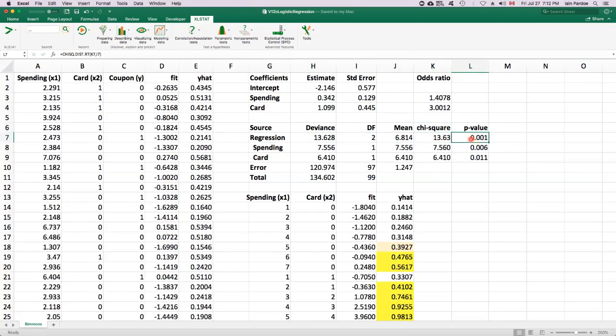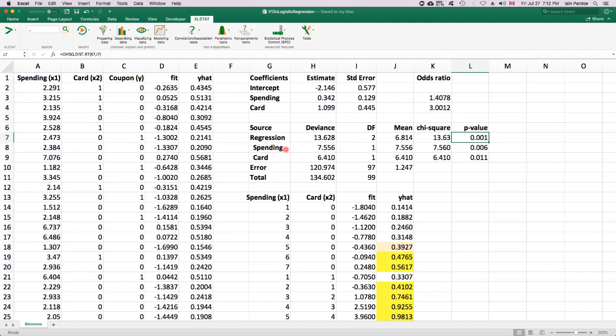And if it's less than our usual significance level of 0.05, we reject the null hypothesis, which says that the model is no better than flipping a coin. And in this case, we reject that possibility and conclude that there is value in this model, that there is a relationship between whether someone uses a coupon or not and how much they spend per year and whether they have a credit card or not.